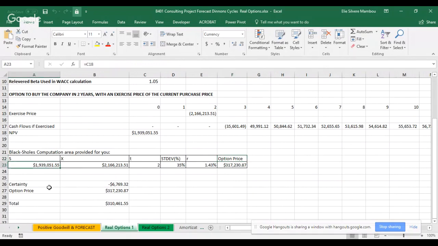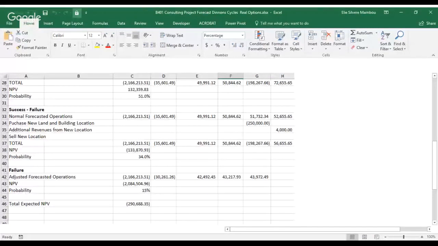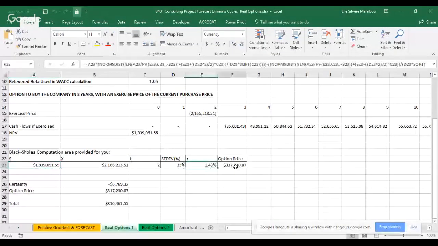So we got our current price, which was 1,900,000, and our exercise price. And we also used the time, which is 2 years. Our standard deviation is 25%, our risk-free rate is 1.43. And from that, we were able to calculate our option price, which came to 317,000.